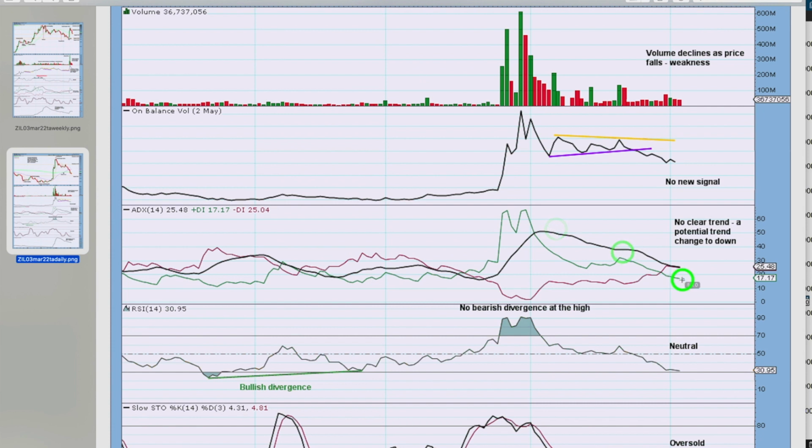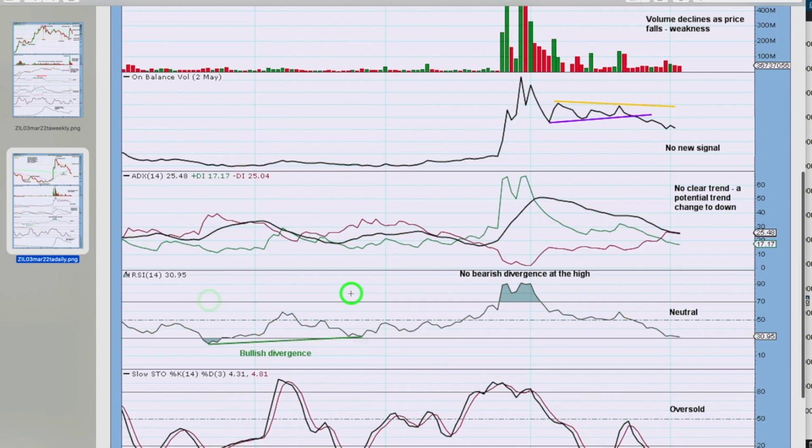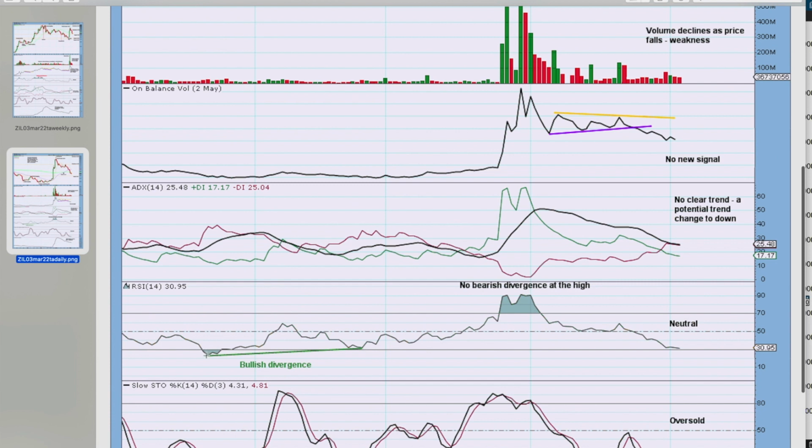No clear trend from ADX at the daily chart level. A potential trend change to down, but the ADX line is still declining, telling us there's no clear trend. Stochastics RSI neutral, not yet oversold. It did exhibit some bullish divergence at this important low. So it can get oversold for a little while, but not as long as it tends to be overbought, and not as deeply as it tends to be overbought.